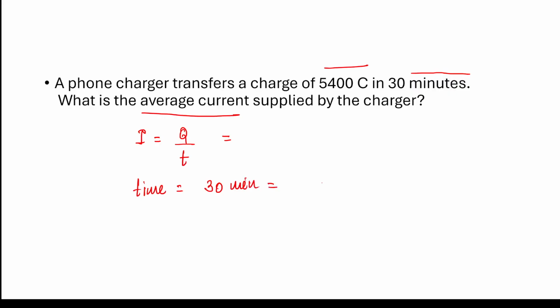How do you convert minutes into seconds? Perfect. You just multiply by 60. Well done. So that is 1800 seconds. Then you just plug in: your current will be charge, which is 5400 coulombs, divided by 1800. That would give you 3 amps.